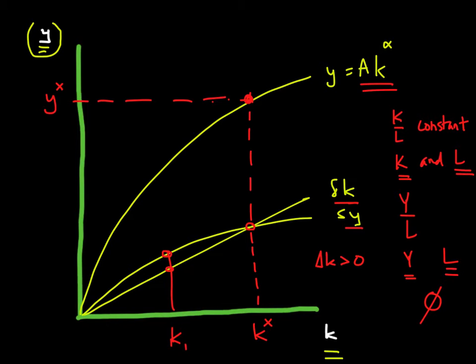So as long as we are to the left of the steady state capital labor ratio, our capital per worker is going to increase, and we're going to be moving towards this steady state. But again, once we get to the steady state, everything stops and we have no more economic growth.